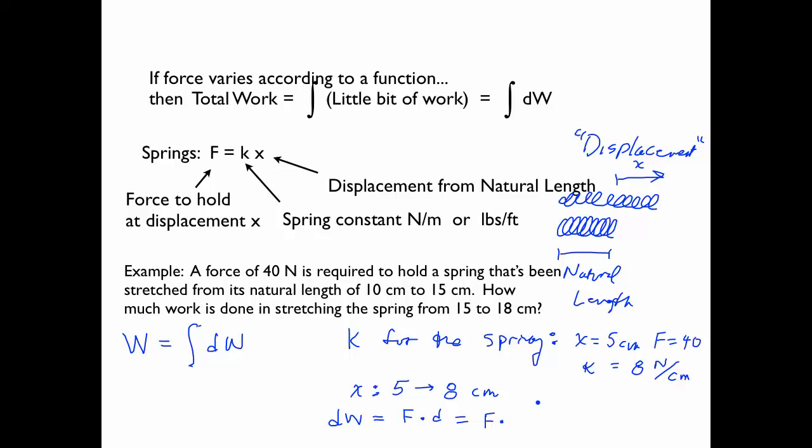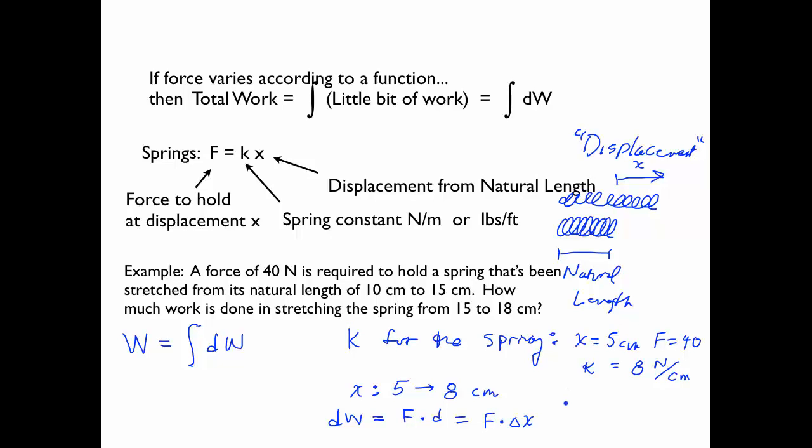I need a constant force. So the only way I can have a constant force here is if I stretch it just a very small distance, and then I'll assume a constant force for that very small distance. So what is that? Delta x, right? A very small change in the displacement. Now I can assume a constant force and get a little bit of work.